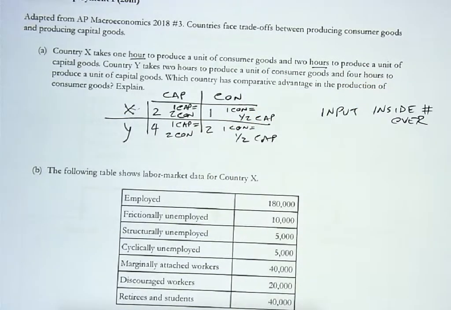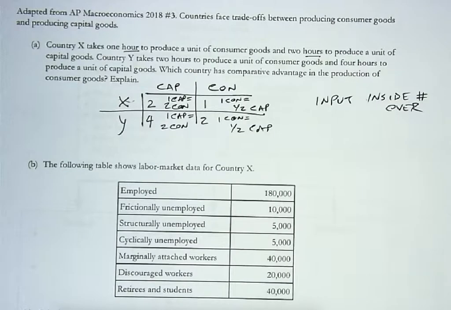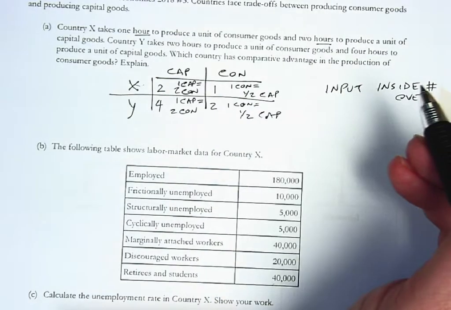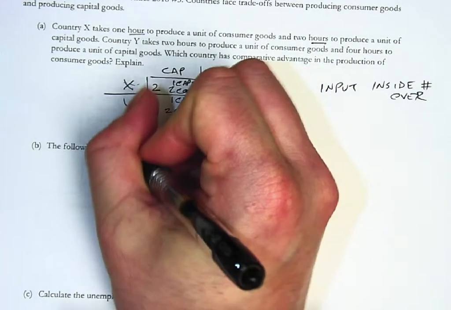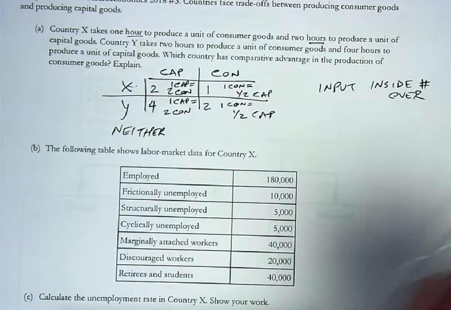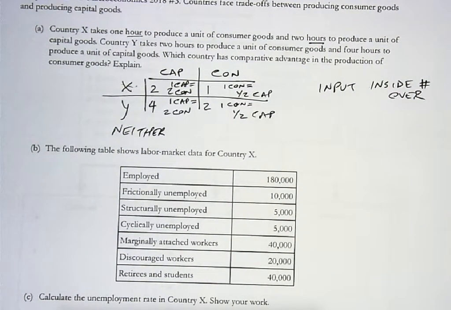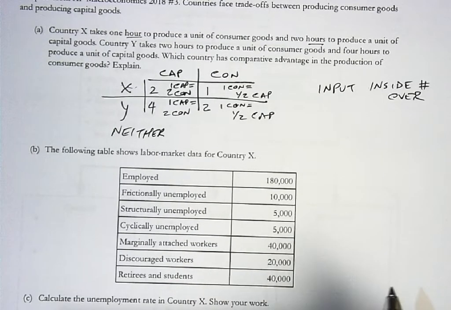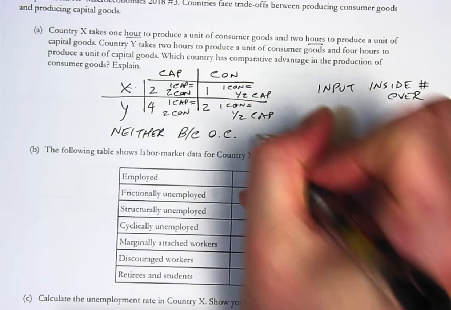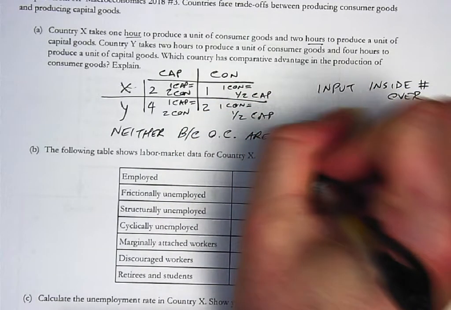And that might perplex you, but I've mentioned this before: when they have the same opportunity costs, then neither has comparative advantage. They can't both, because having comparative advantage, if you don't remember, means having the lower opportunity cost. And neither one has the lower opportunity cost. So we'd say neither, because their opportunity costs are the same.